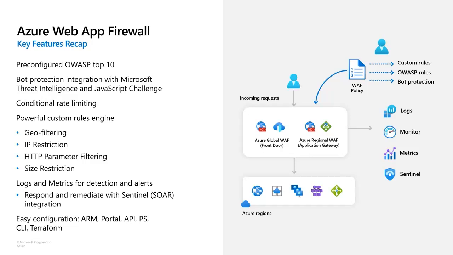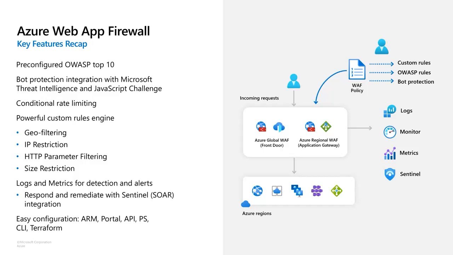It does have malicious botnet protection, so it protects against brute force attacks, credential stuffing, things like that. We can do rate limiting and control the number of requests allowed from specific IP addresses during a specific time duration.